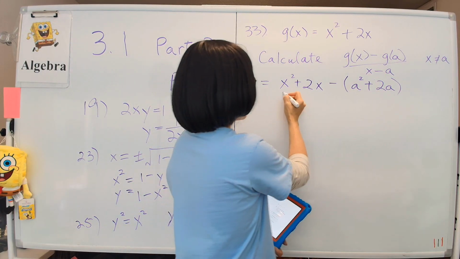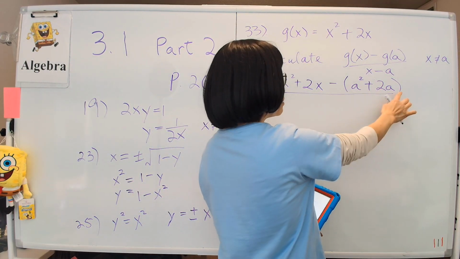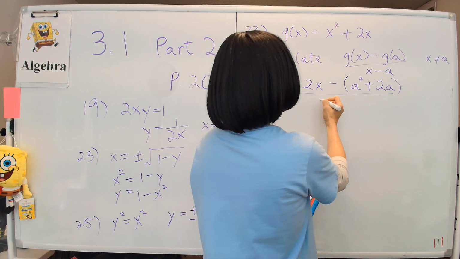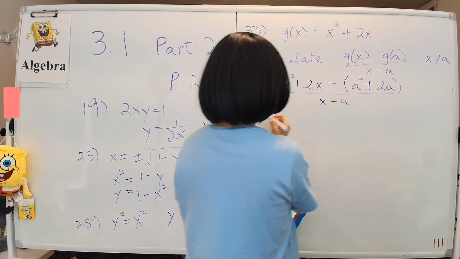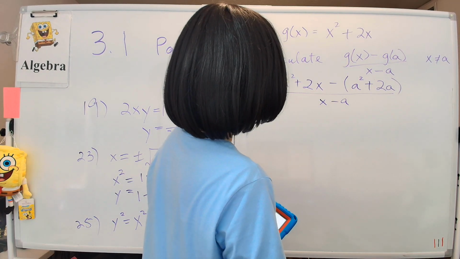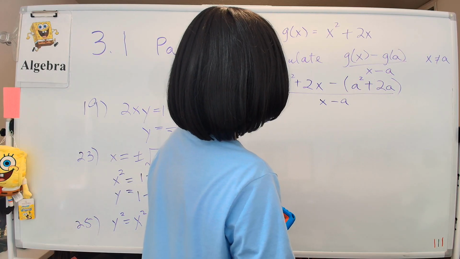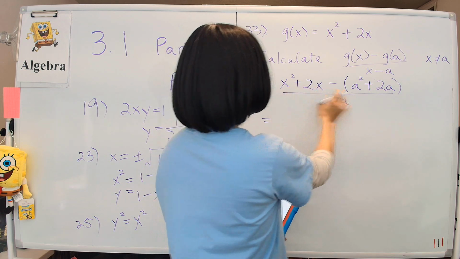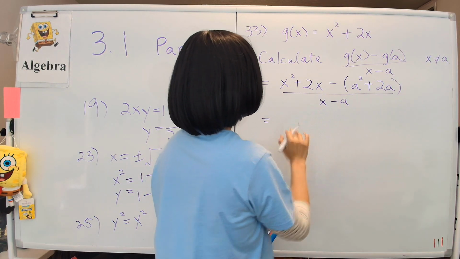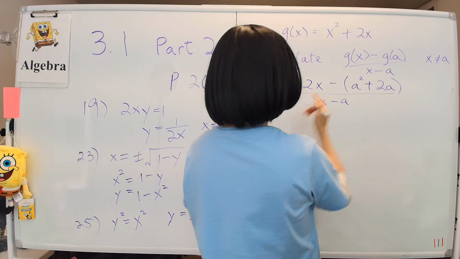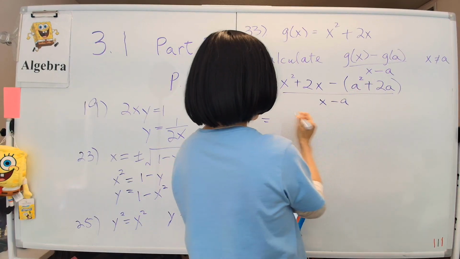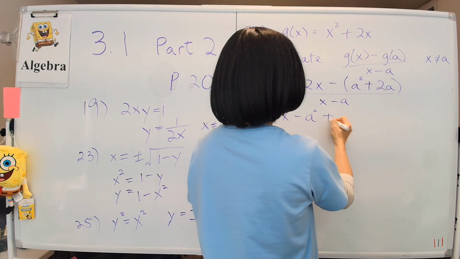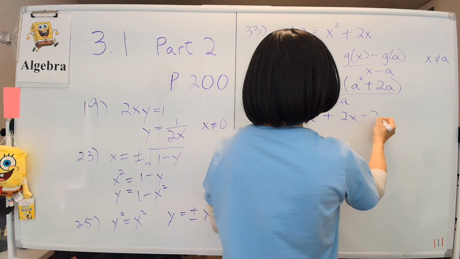And then divided by, I continue to copy this thing. Remember, this has to be in parentheses for clarity, so that things are not confused. Anyway, all of this is divided by x minus a. And continue writing, that equals, what we're going to do is rewrite this thing, so we'll write it as x squared minus a squared plus 2x minus 2a.